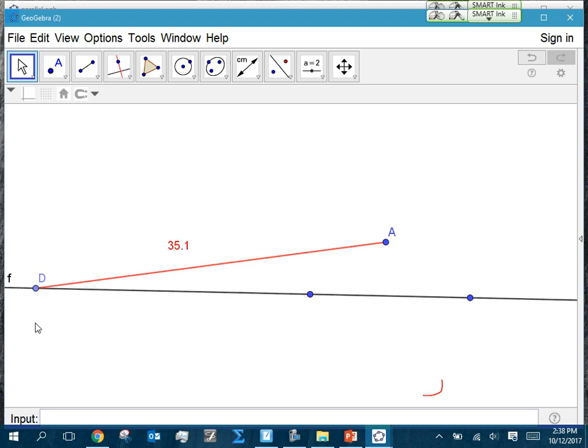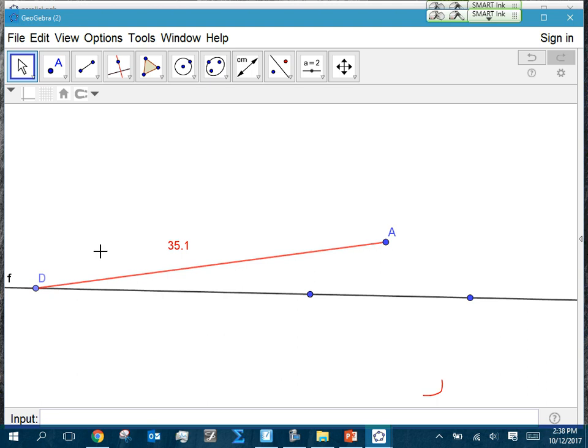If we imagine that wall or that line going on forever, that distance doesn't have what we call an upper bound. That 35.1 could continue to grow to infinity. Does that make sense? But it should have a lower bound.